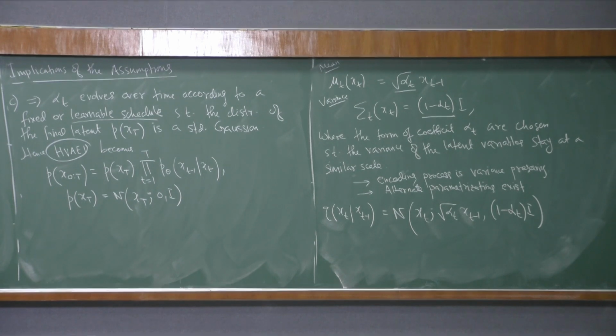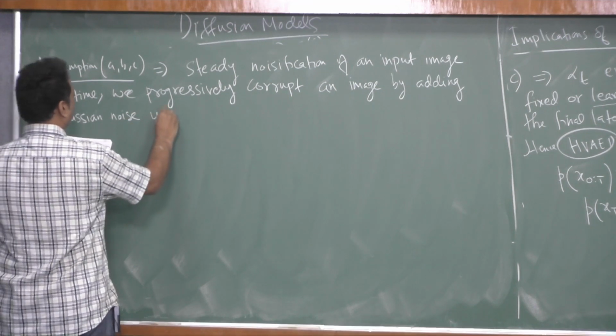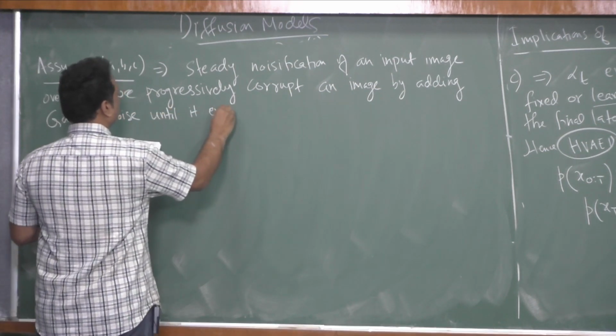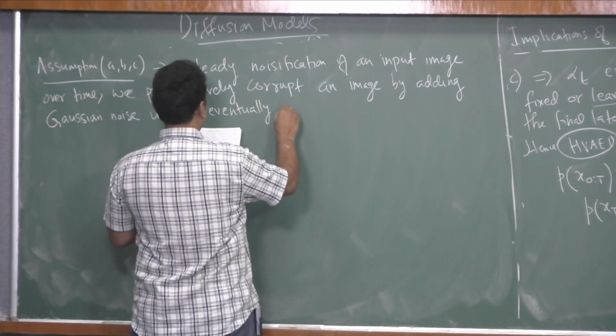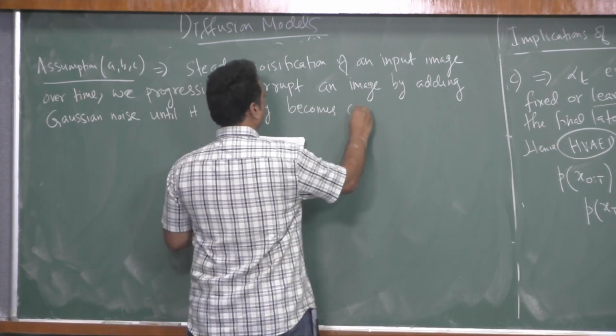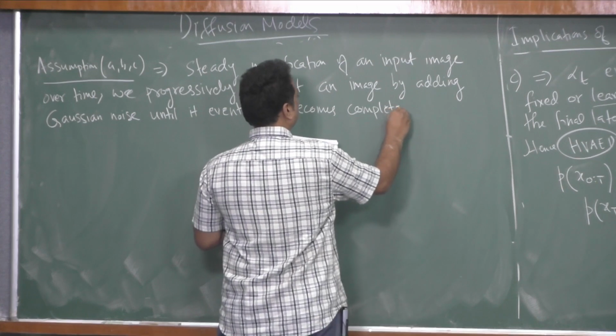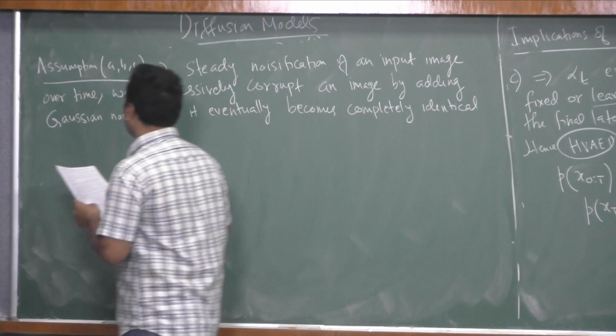So we progressively corrupt an image by adding Gaussian noise until it eventually becomes completely identical to pure Gaussian noise.